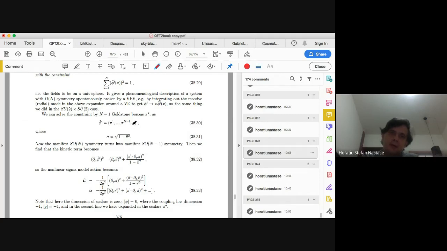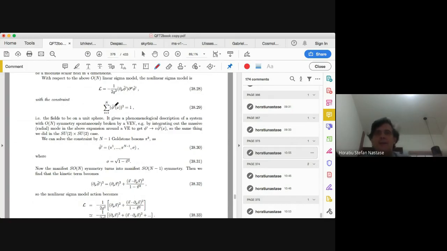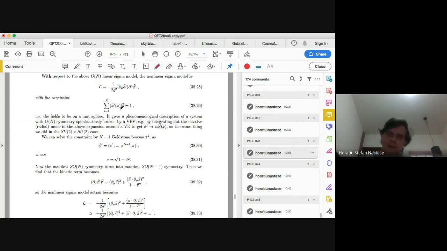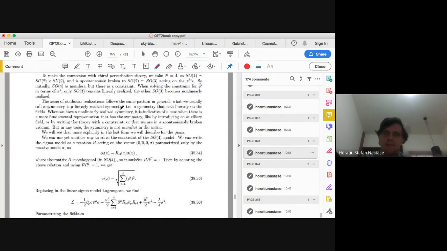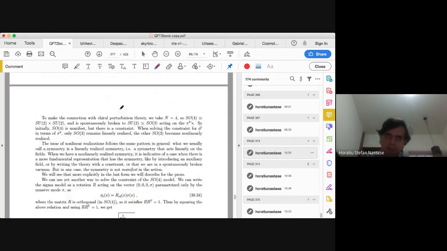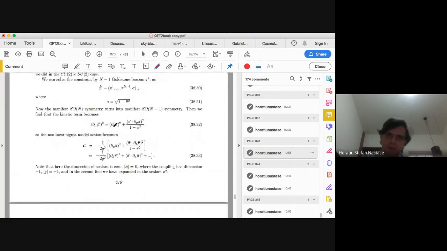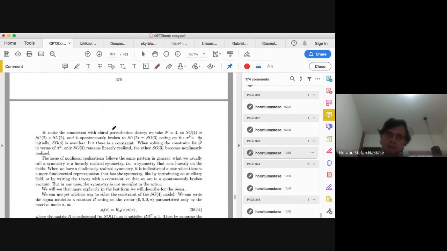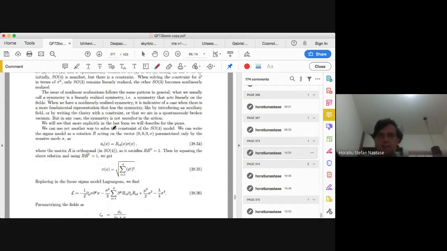So when I write it in terms of the sigma, but satisfying the constraint, then I see the SO4, or in general SON, symmetry linearly realized. But if I just use the pions, I don't see the nonlinearly realized symmetry.